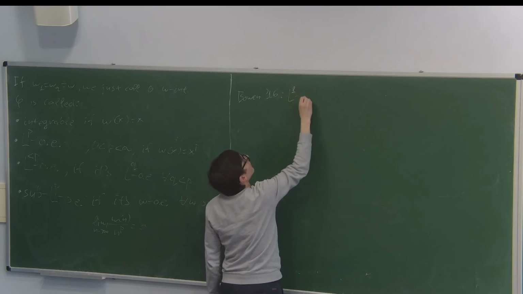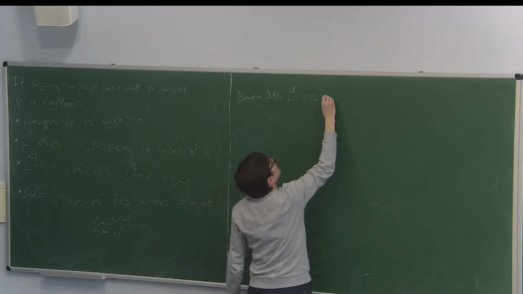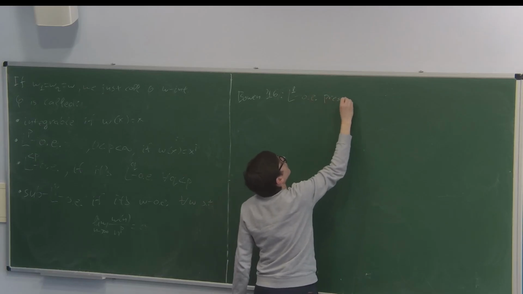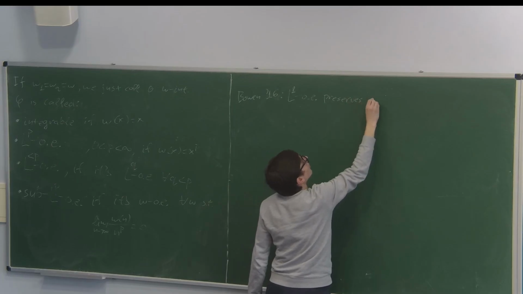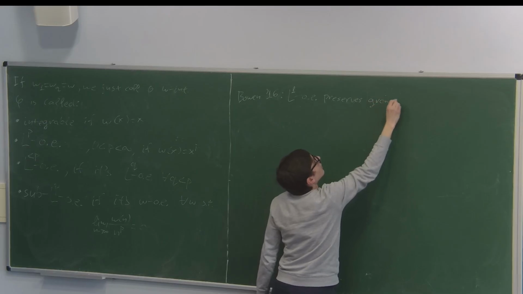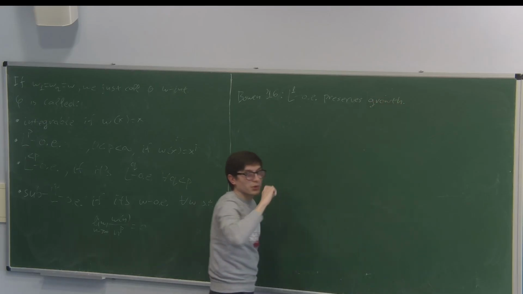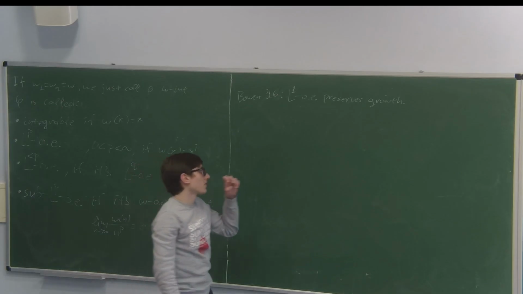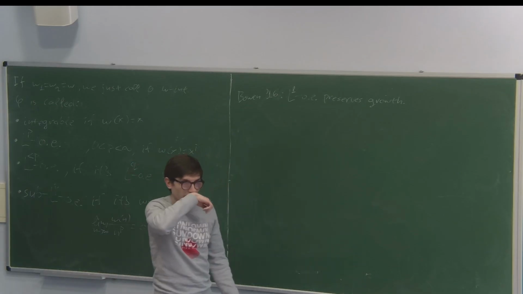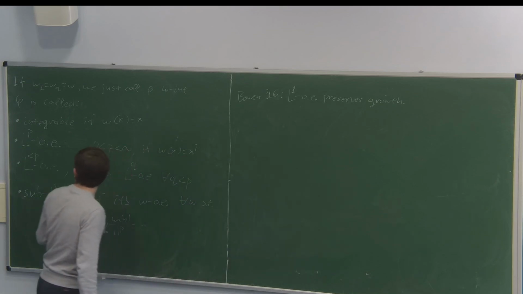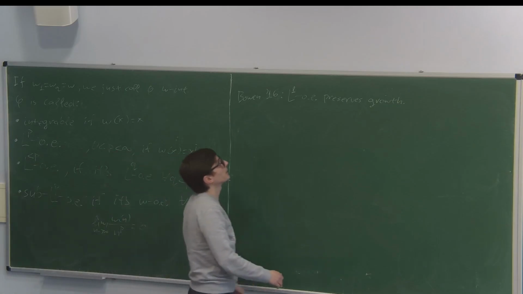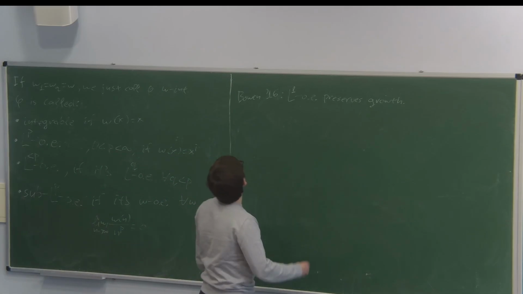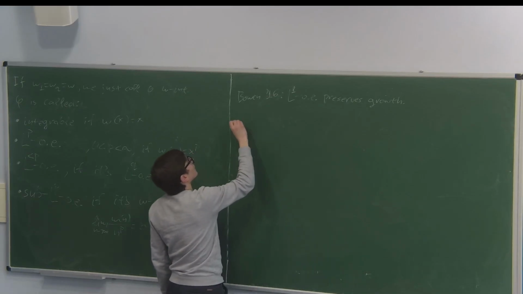L^1 orbit equivalence preserves growth of the group. So if two groups have an L^1 orbit equivalence between any two actions of them, they have to have the same growth.